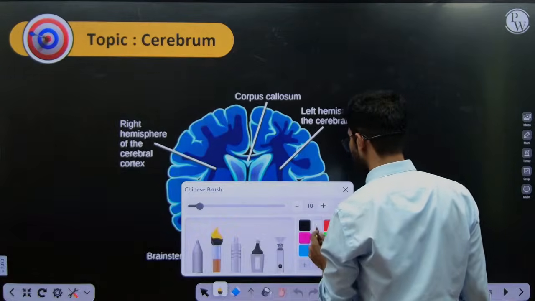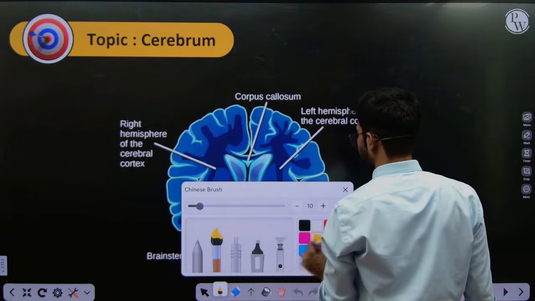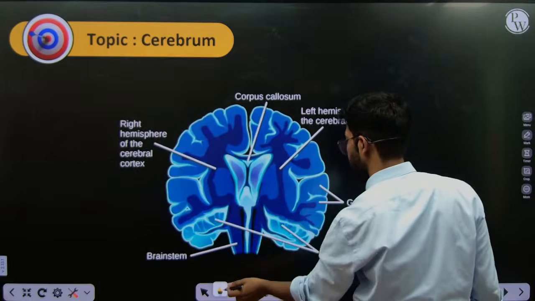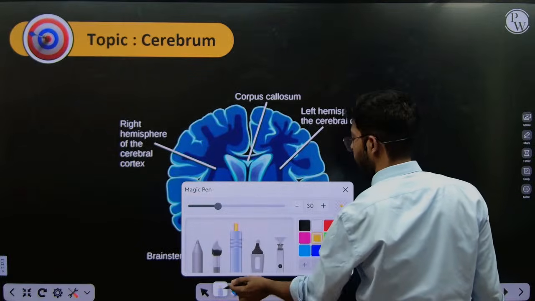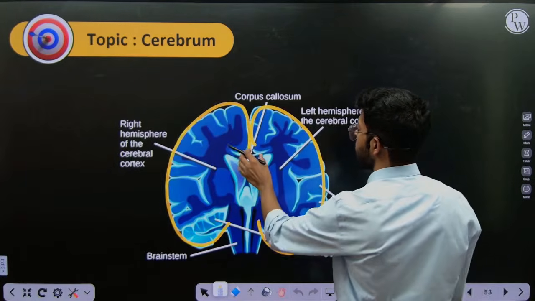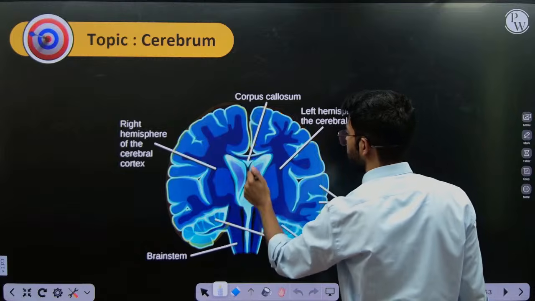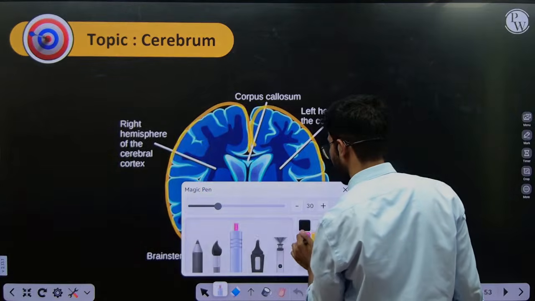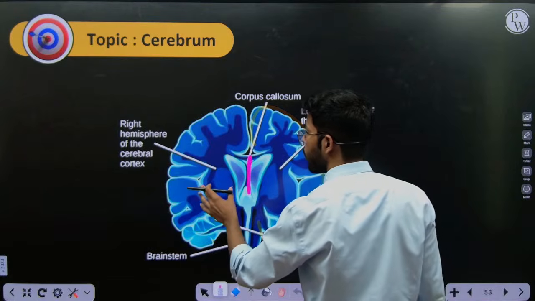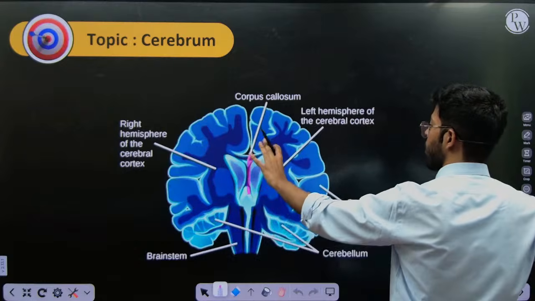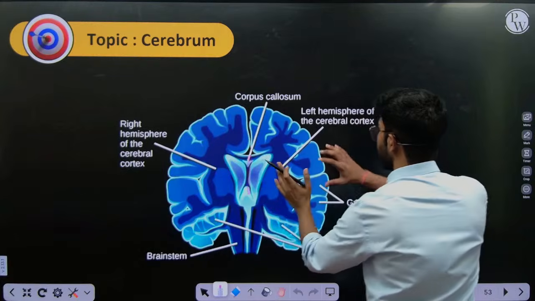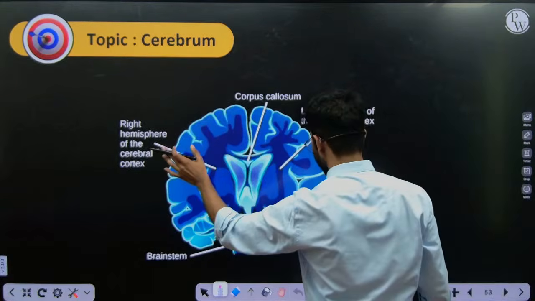Now you can see these are the two cerebral hemispheres, from here to here, which are connected by a corpus callosum structure. This is the corpus callosum, a tract of fiber, and then this one is the left hemisphere, and this one is the right hemisphere.